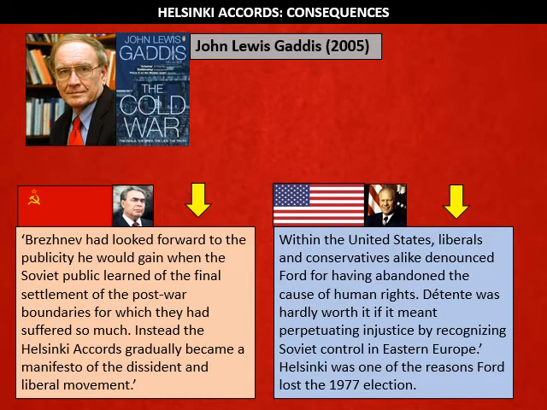Whereas the cost for America and Ford in particular was much more obvious in the short term. The Helsinki Accords were criticised at home, particularly because he seemed to be allowing Soviet domination in Eastern Europe. And this was a big factor in him losing the election that he faced with Jimmy Carter.